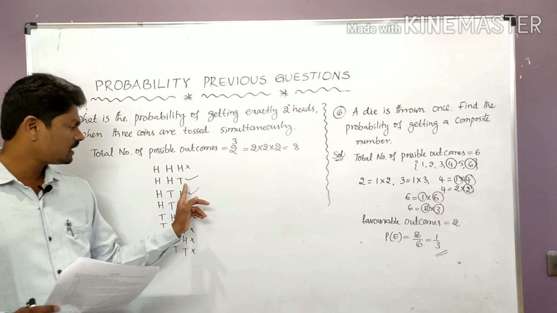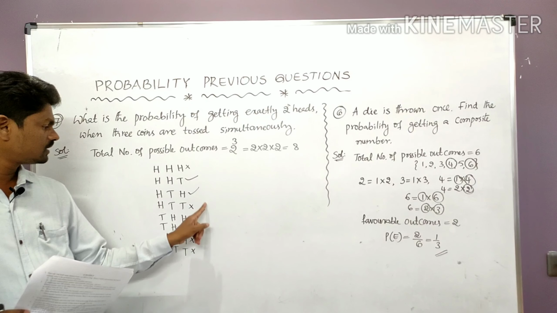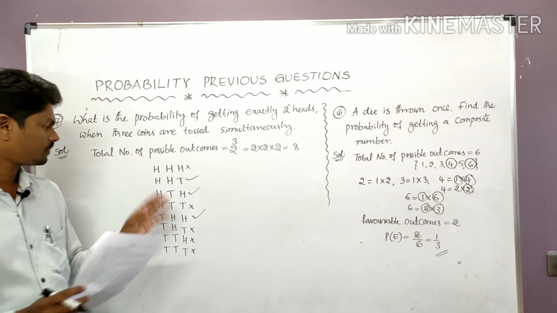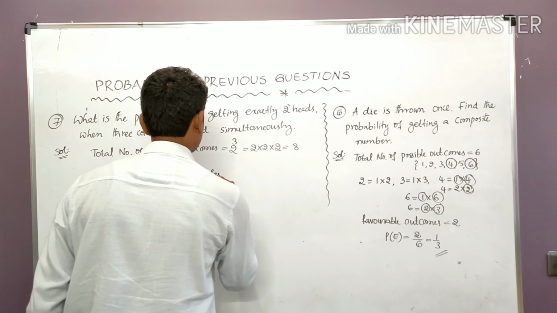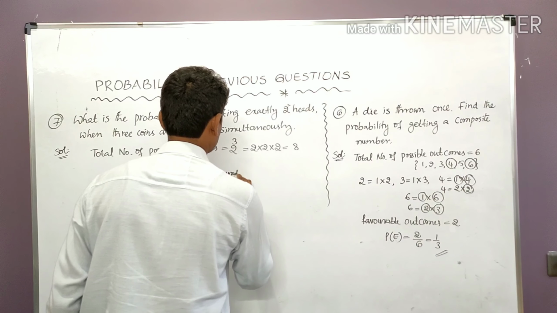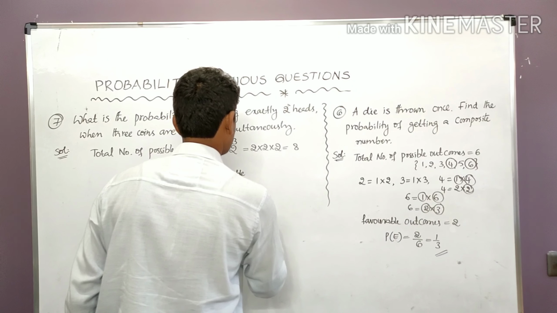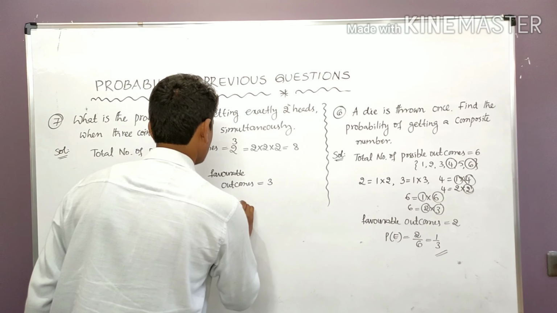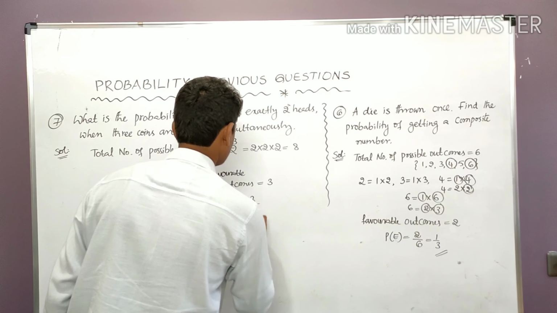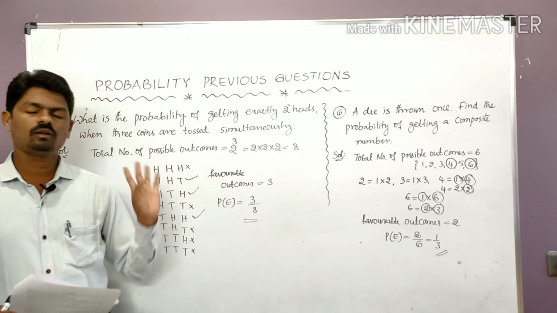So where there are 2 heads, we select it. Only 3 favorable outcomes. Favorable outcomes equal to how many, student? 3. Then if E is an event, P of E is equal to 3 by 8.